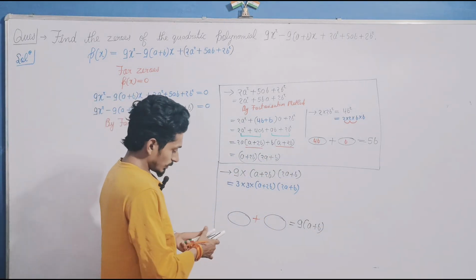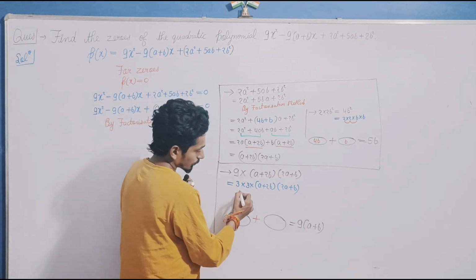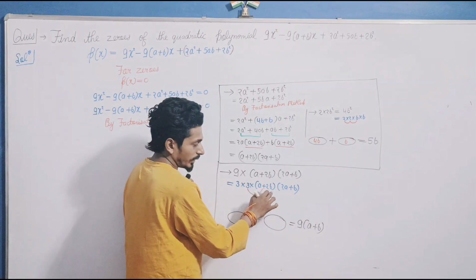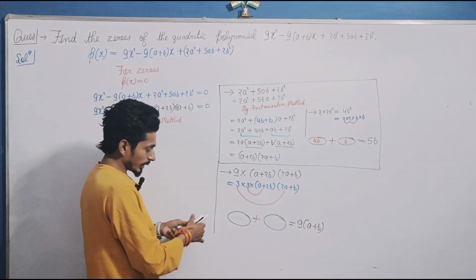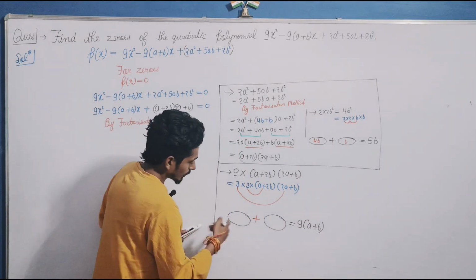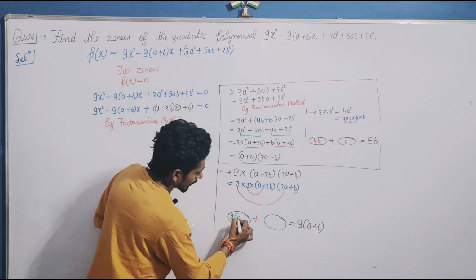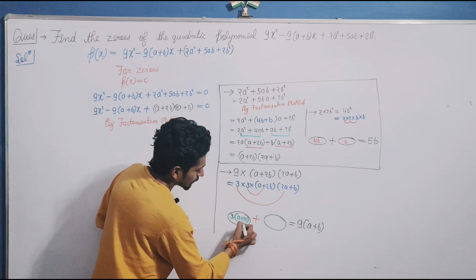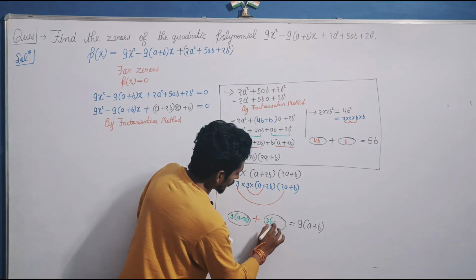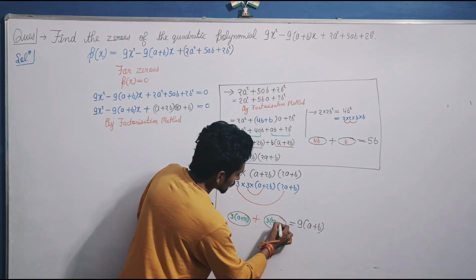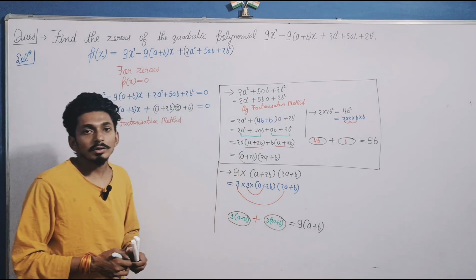So here we take 3 with (a plus 2b) and another 3 with (2a plus b). So here we can write 3 into (a plus 2b) and 3 into (2a plus b). Yes or no?